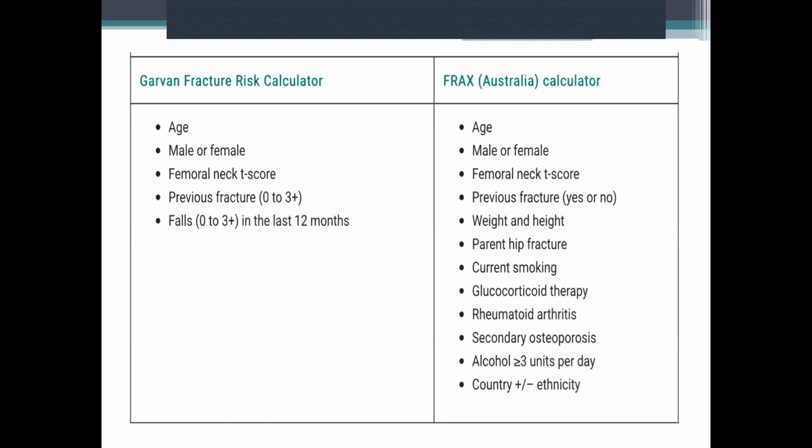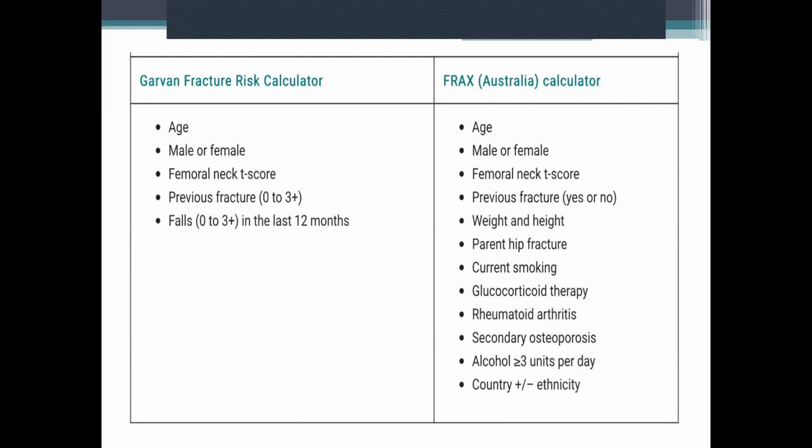What's the difference? The Garvan fracture risk calculator, like I mentioned, is mainly for the local population. The data that you input in the calculator includes age, gender, T-score, the bone mineral density, and if they've had any previous fractures or falls in the last 12 months, you want to include that. The FRAX calculator actually looks at more parameters.